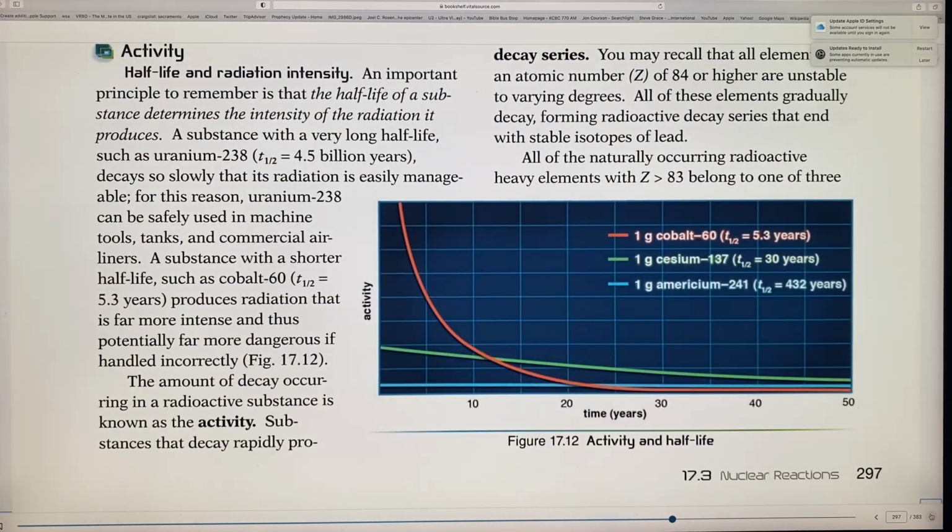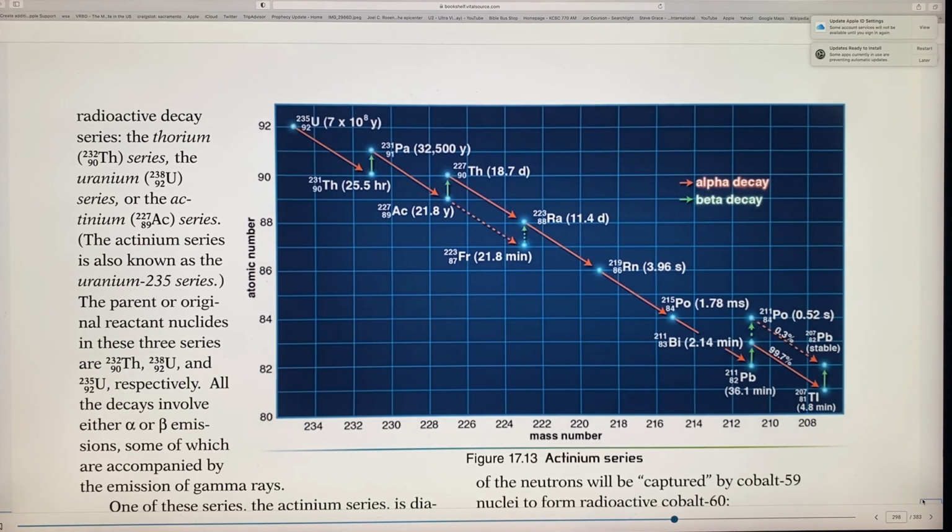Let's go on to the next page here. So, radioactive decay. We have the thorium-232 series, the uranium-238 series, or the actinium-227 series. These are all different series of decay of these three different types of elements.